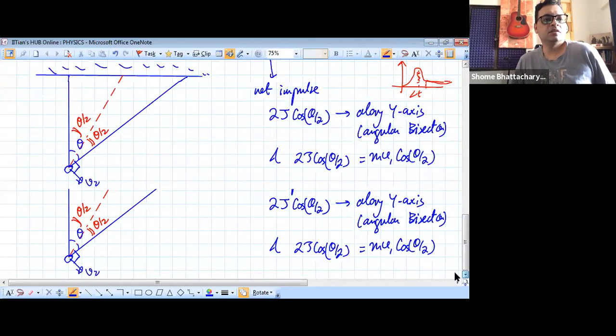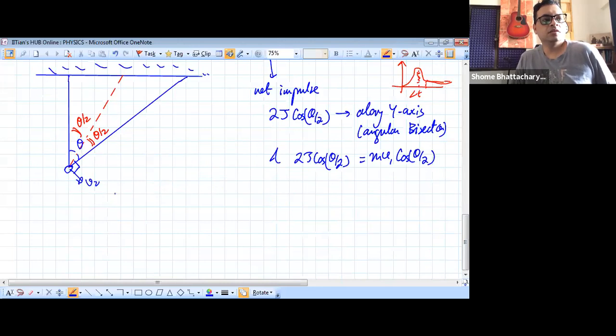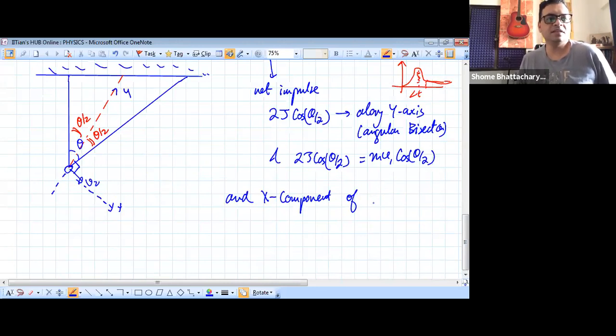Whereas the x component of momentum, that remains conserved. Because gravity is acting during that time, but that time is very small. So compared to the impulse due to the thread, the impulse due to gravity is neglected during that.